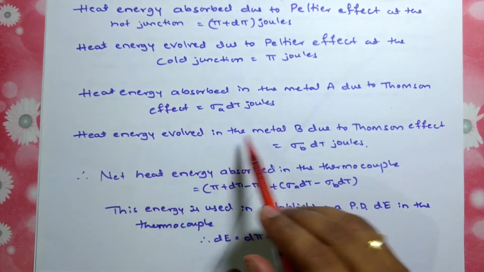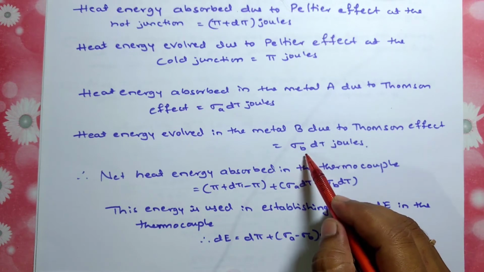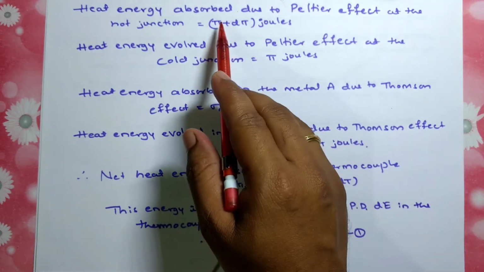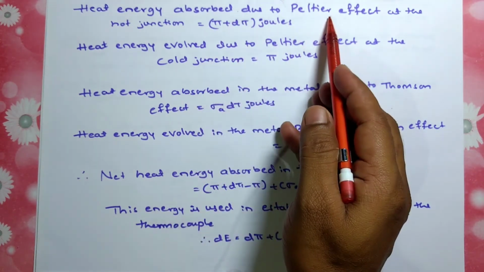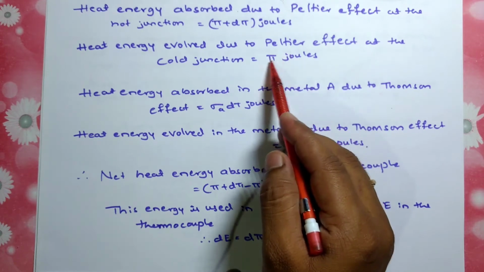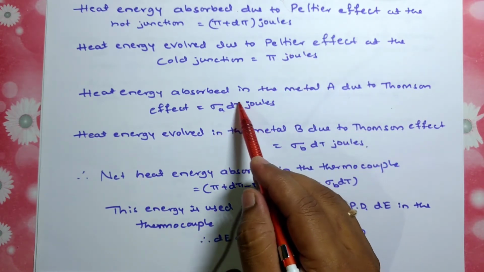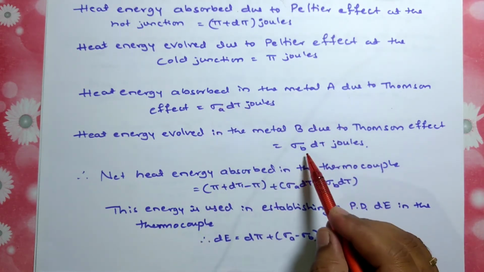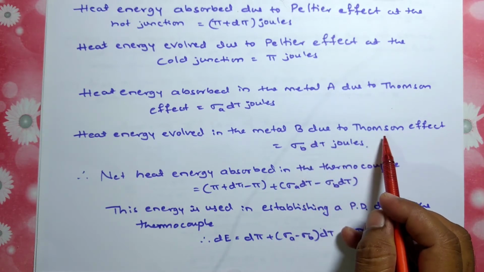Heat energy evolved in the metal B due to the Thomson effect is sigma B dT joules. So the first is the heat absorbed due to the Peltier effect, the next is the heat evolved due to the Peltier effect, sigma A dT is the heat absorbed due to the Thomson effect, and sigma B dT is the heat evolved due to the Thomson effect.